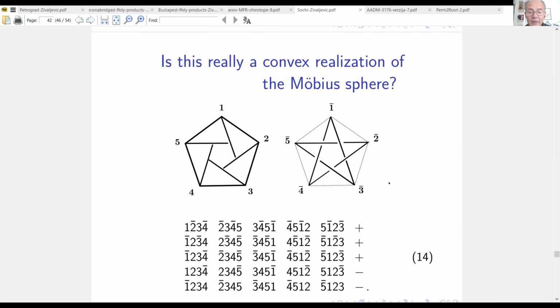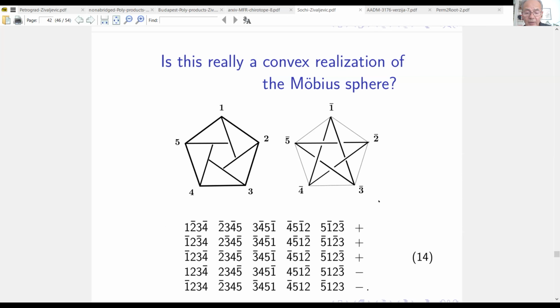And then the top dimensional simplices, 3-dimensional simplices of the Möbius-Bier sphere, are listed here. They basically form the fundamental class of this Bier sphere if you take into account the signs which are written on the right-hand side.